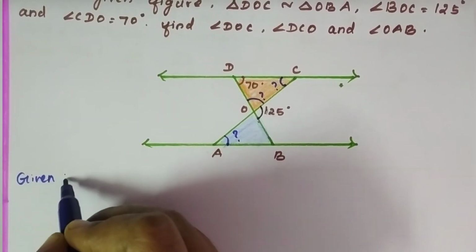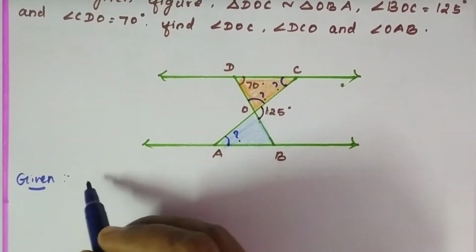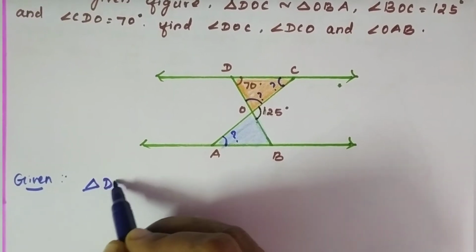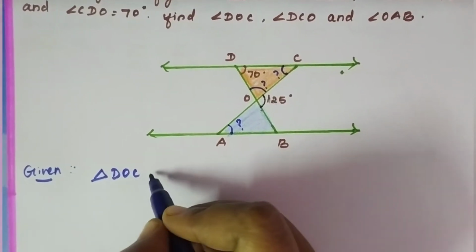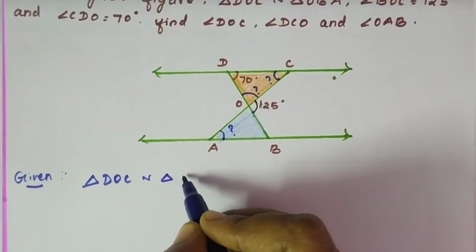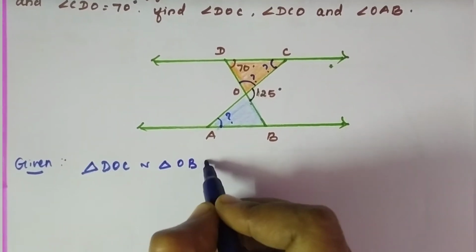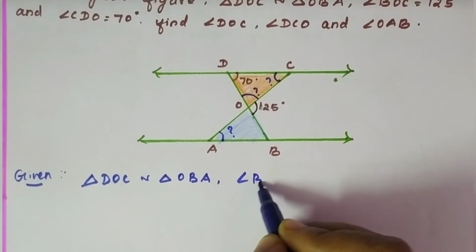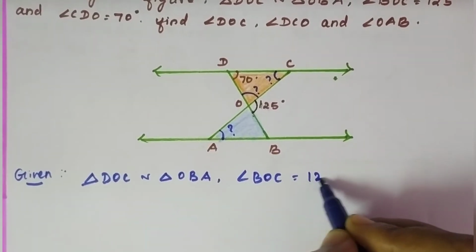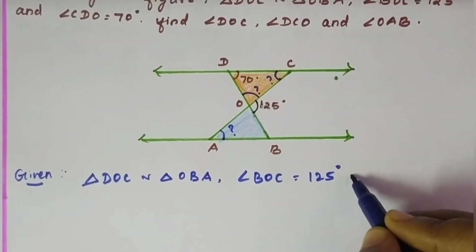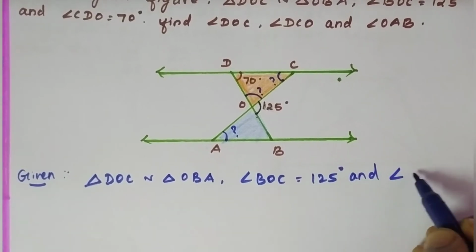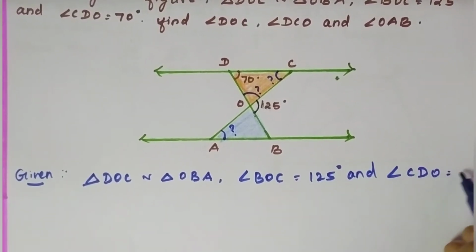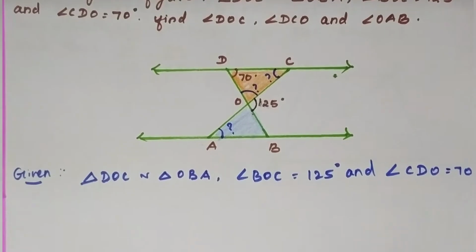Given that the triangle DOC is similar to the triangle OBA. This is the first thing. And then angle BOC is equal to 125 degree, and angle CDO is equal to 70 degree.